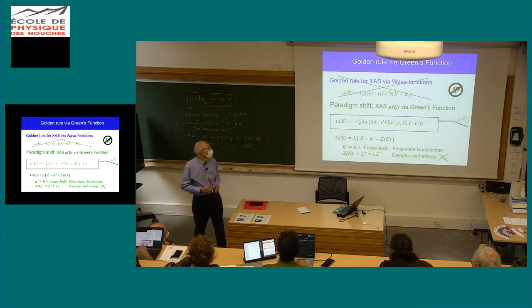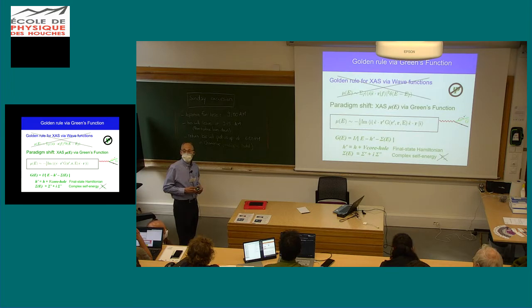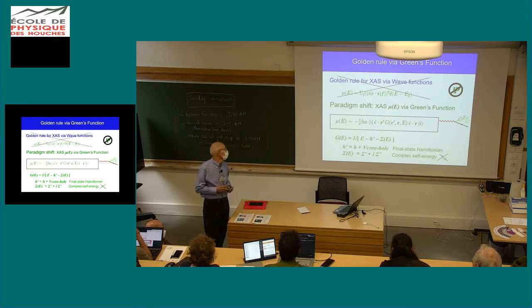So the Green's function is obviously better because this expression can be turned into a single matrix element of the Green's function between a dipole excited initial state, which is a core level. Okay, the non-standard thing about our approach, though, is we have to consider damping.